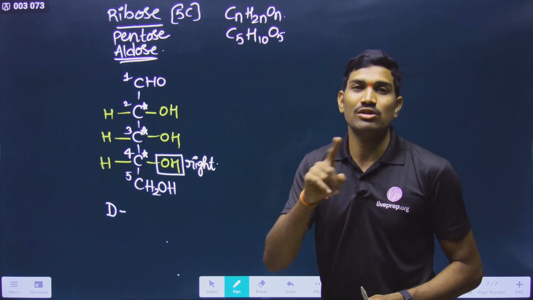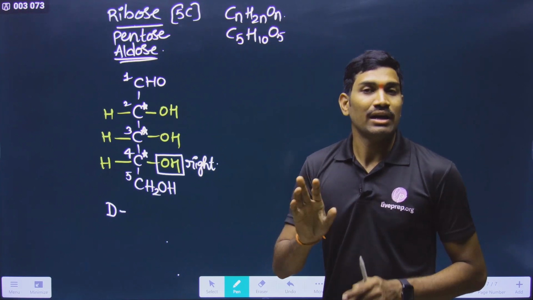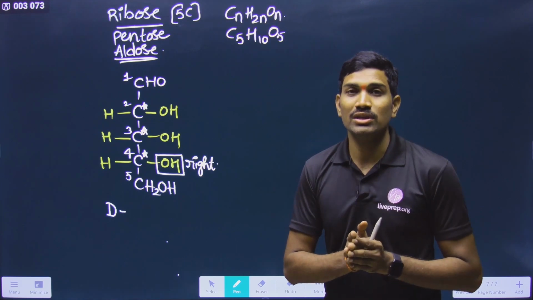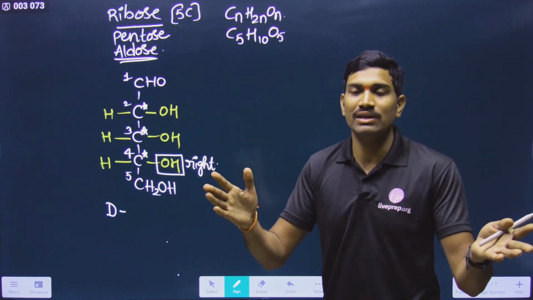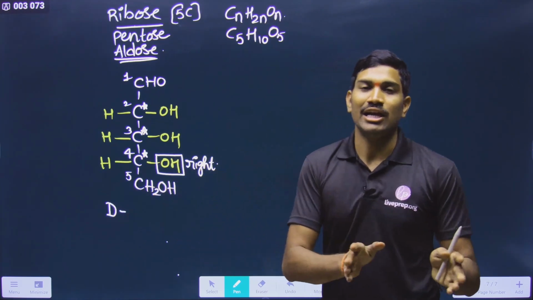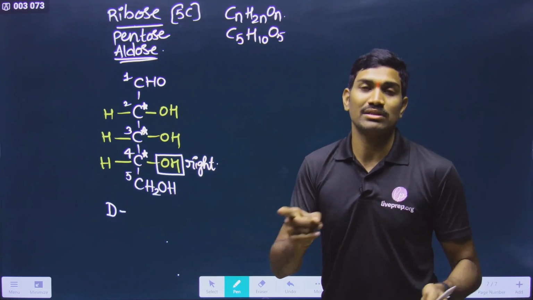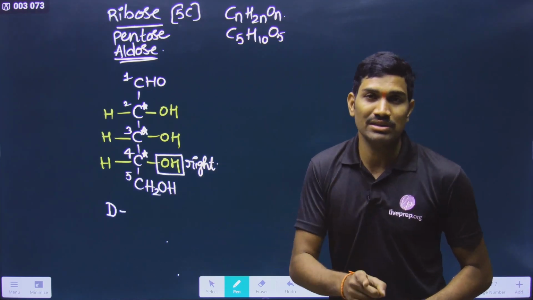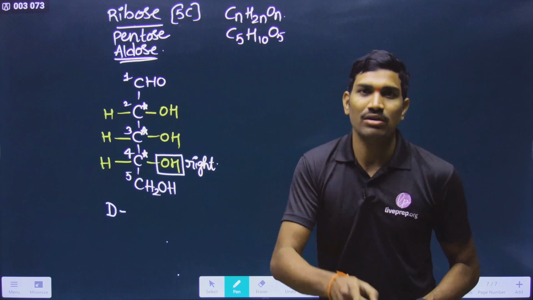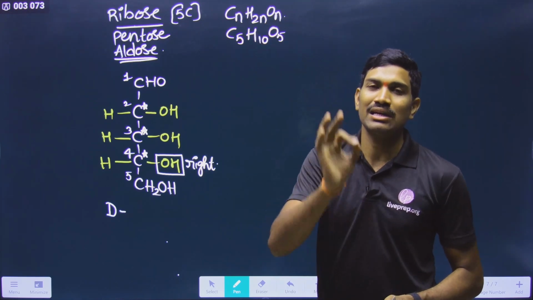Small d, small l is also called plus minus, and that is completely different. Many students are not getting the difference between capital D, capital L and small d, small l. They think that both are the same. If you still think they are the same, your concept is wrong. So please get that concept clear first.